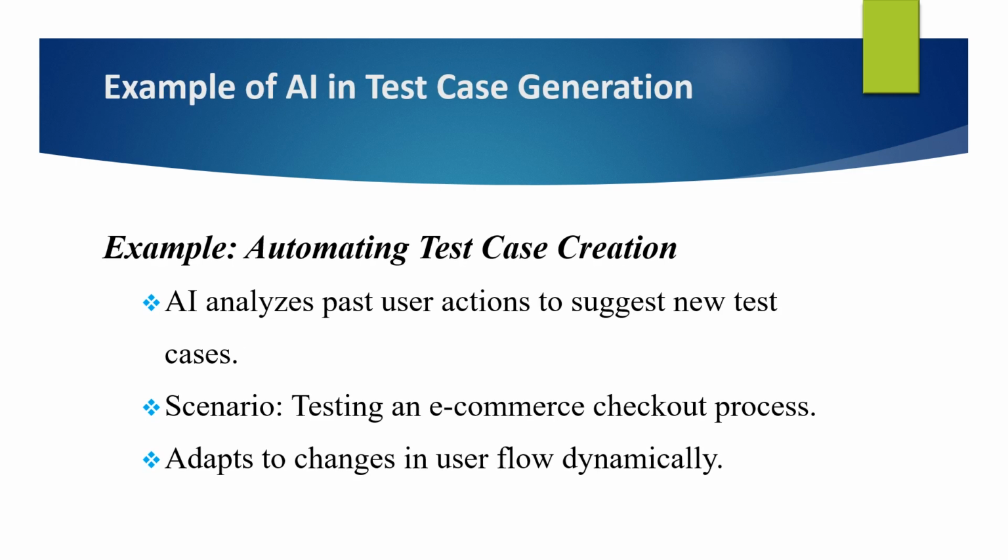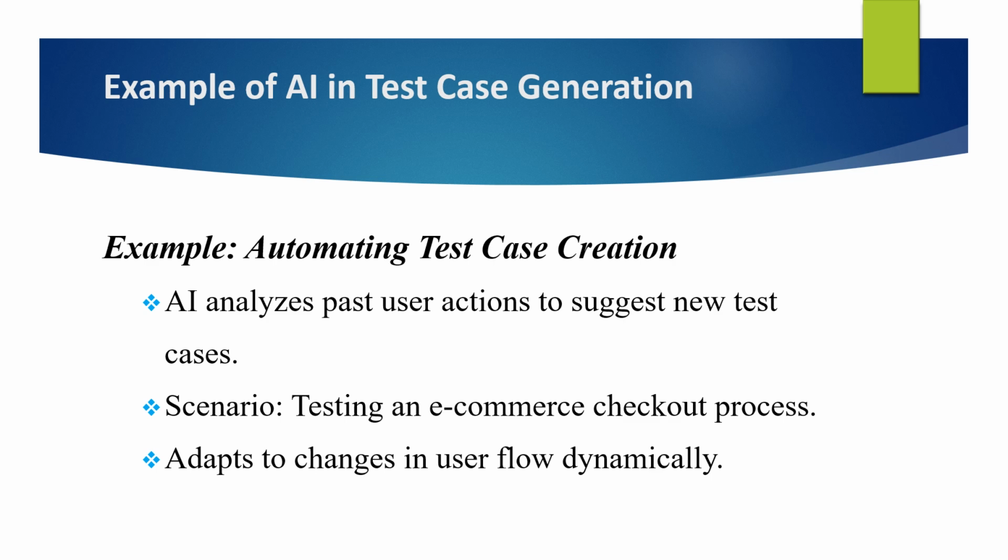To illustrate the power of AI in test case generation, let's consider an example with an e-commerce application. Imagine you're testing the checkout process. There are multiple steps and edge cases to consider, such as handling different payment methods, managing failed transactions, and even detecting abandoned carts. AI can analyze historical data, such as logs from past user sessions, to automatically generate test cases for these scenarios.